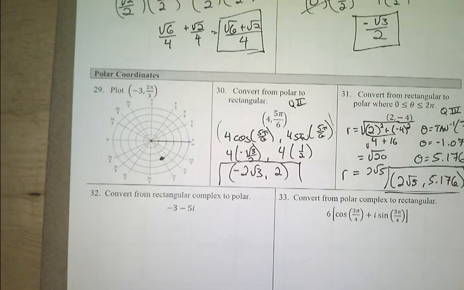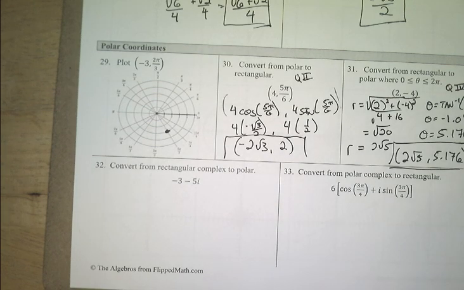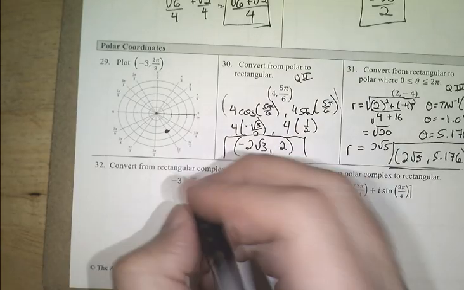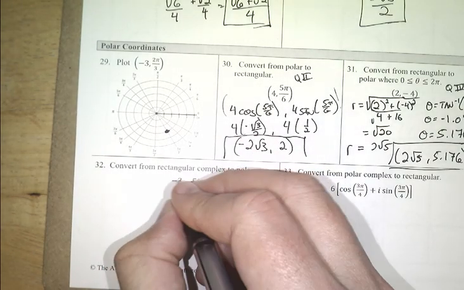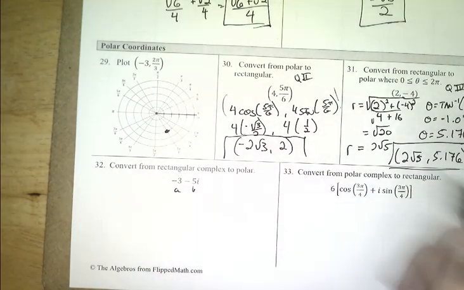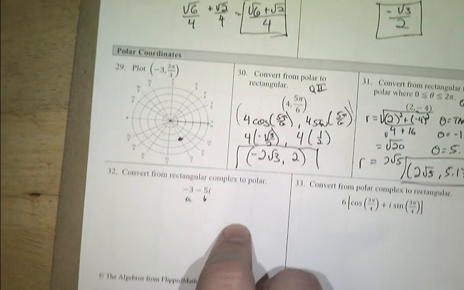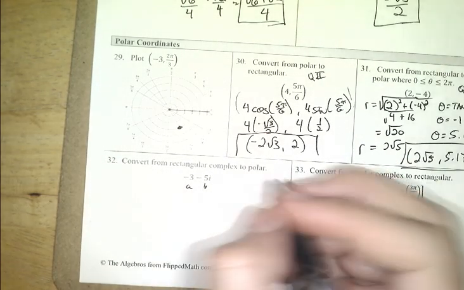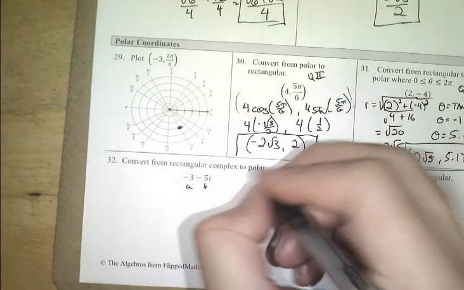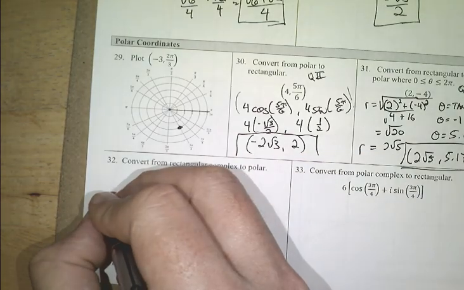Okay, convert from rectangular to complex polar form. So this is going to be signs, more signs and stuff. From rectangular to polar, that means this is a, this is b, or this is x, this is y. Same thing, different labels. So we're going to do the same thing as we did up here.